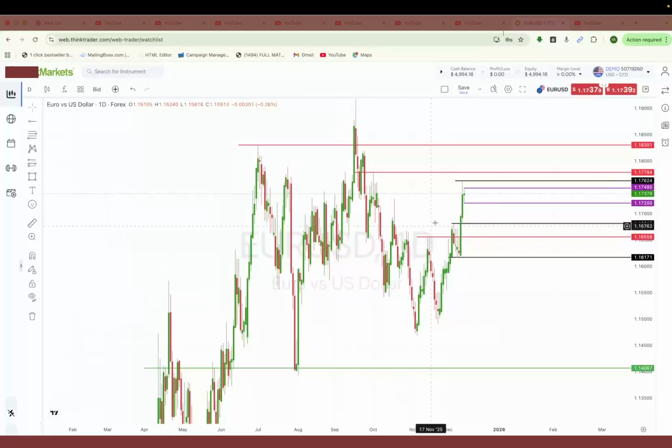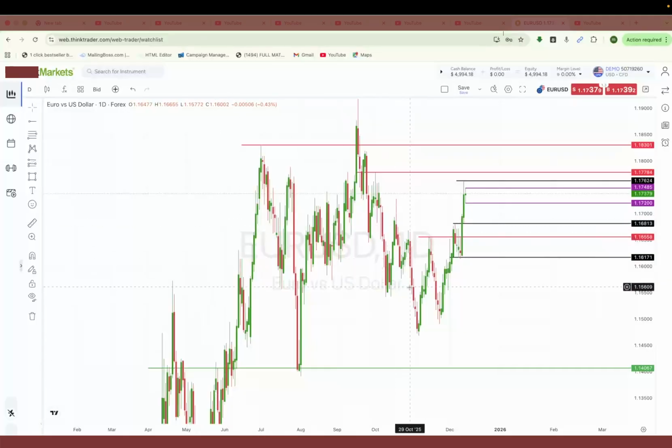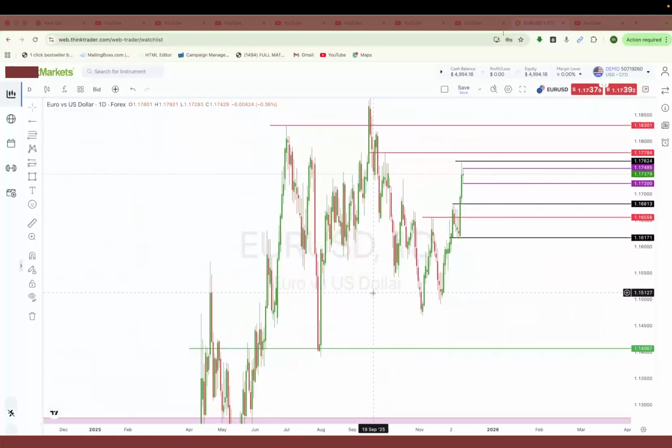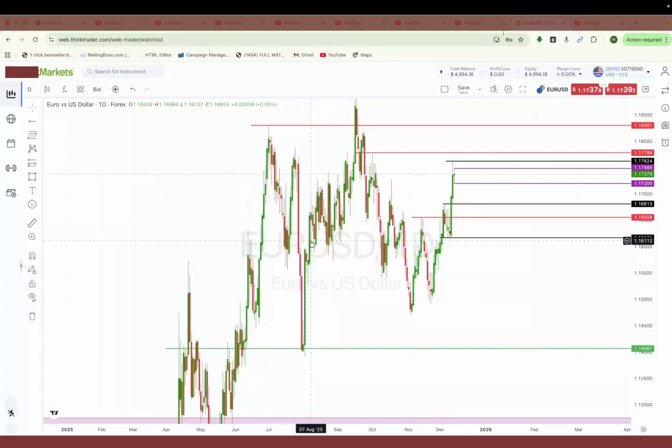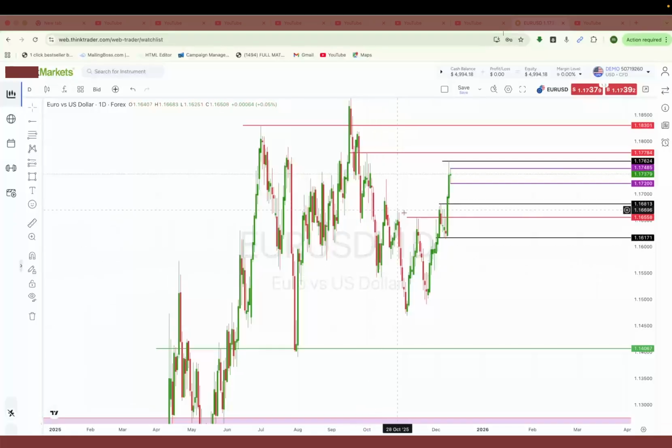There is no rush. So we are waiting for reactions at these levels. Then we see how we can get into that position trade. This trade can take 3 months, 6 months, even a year when you are in one trade.